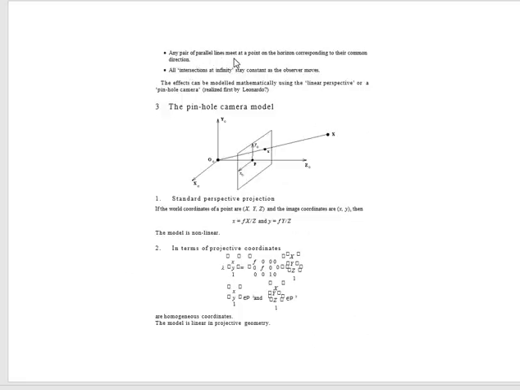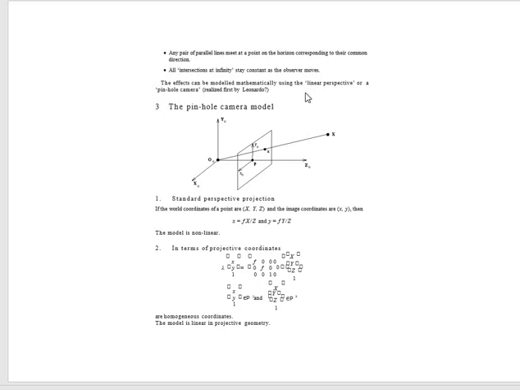Any pair of parallel lines meets at a point on the horizon corresponding to their common direction. All intersections at infinity stay constant as the observer moves. The effect can be modeled mathematically using linear perspective or a pinhole camera.